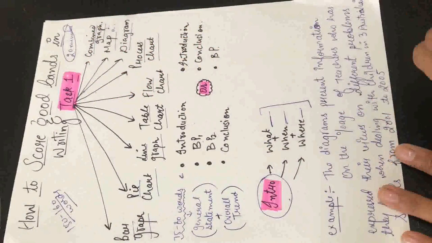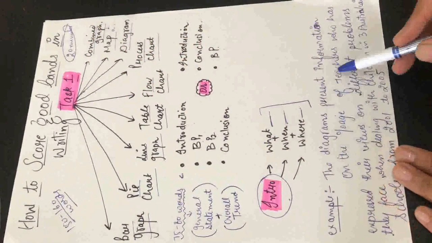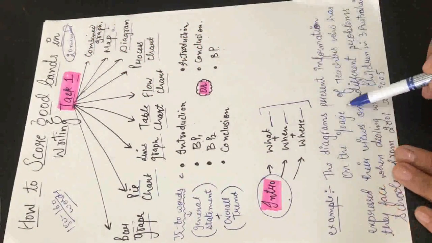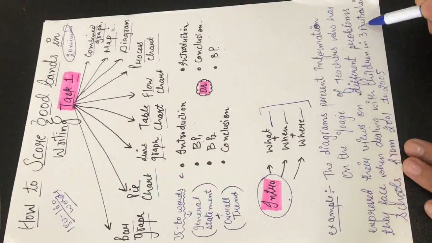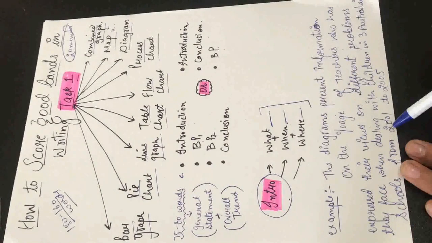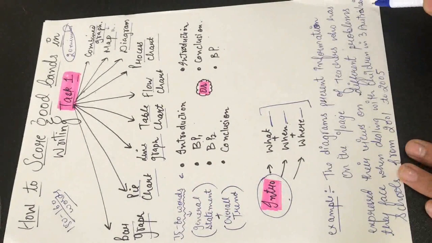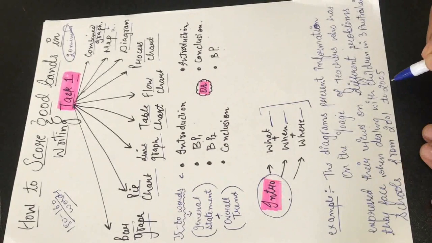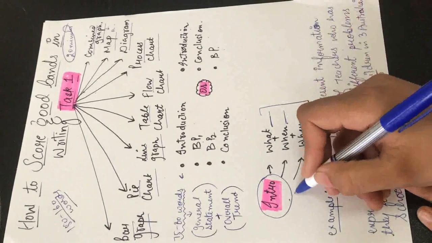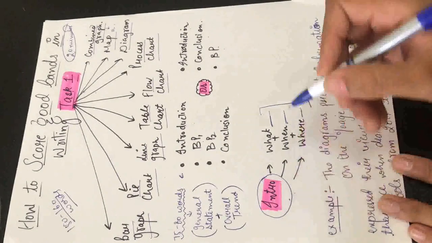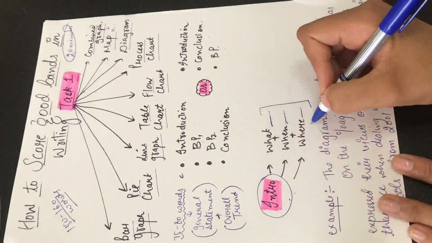For example, the diagram presents information on the percentage of teachers who have expressed their views on different problems they face when dealing with children in 3 Australian schools from 2001 to 2005. So what we have to explain in the introduction is what, when and where.